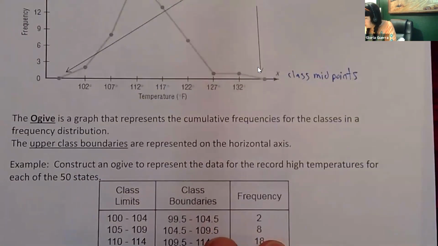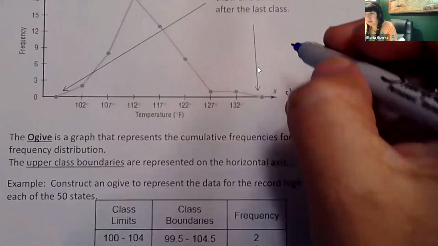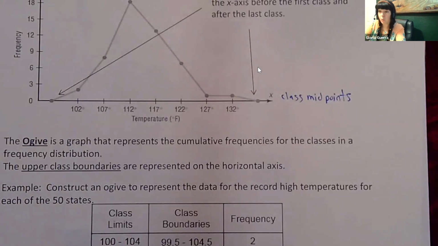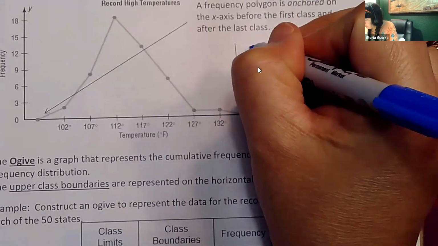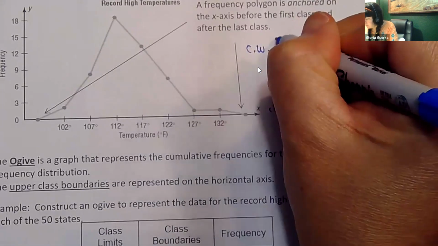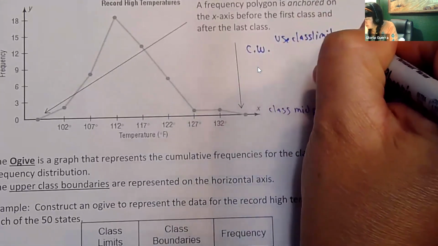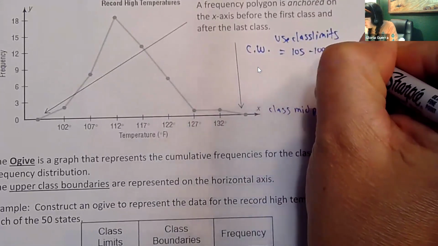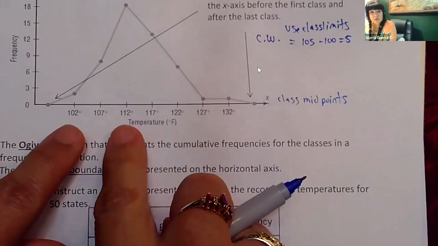And when they anchor them, remember we said that the class width, let me go back to that page. Remember, if I find the class width using the class limits, I said 105 minus 100. Remember we said the class width was 5. Well, these are all 5 units apart.